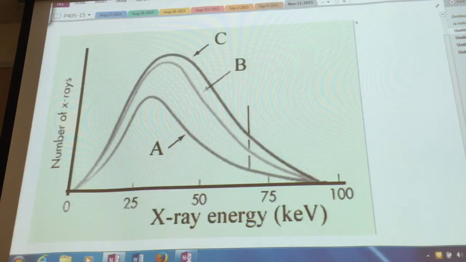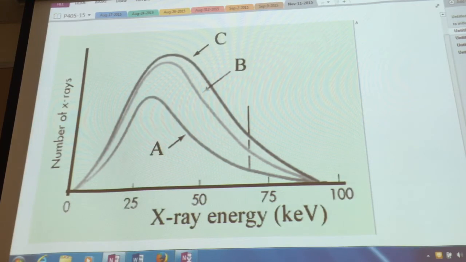Same idea. What's going on? Same characteristics. We've got 5 things to work with. What things? MAS, KVP, target characteristics, average energy. All three have the same KVP and same target.